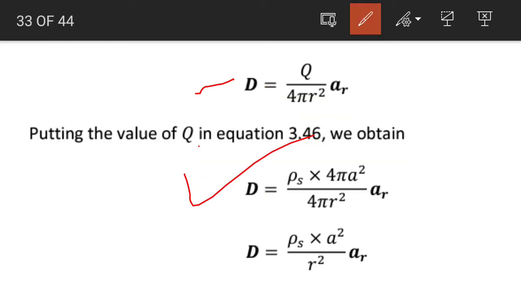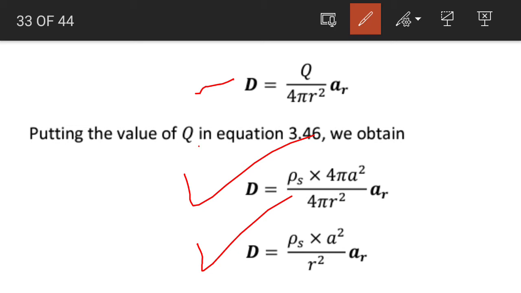So the electric flux density will be equal to rho s 4 pi a square divided by 4 pi r square into a R. We simplify the given equation, and here is the electric flux density at the given point.